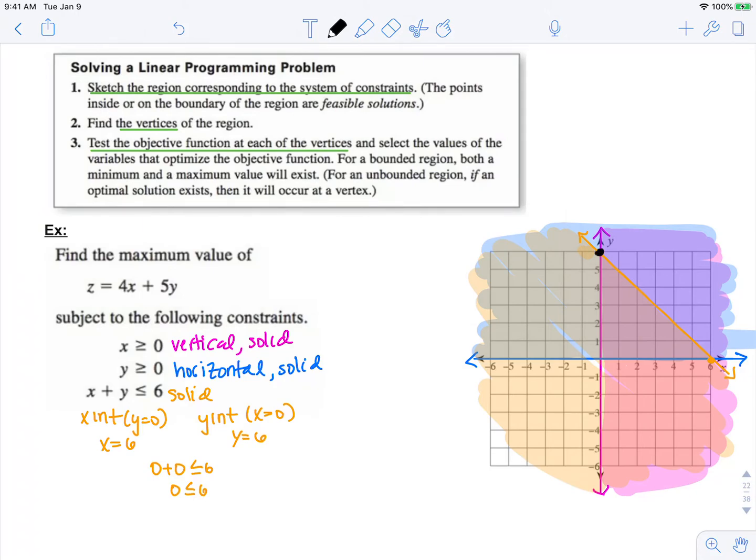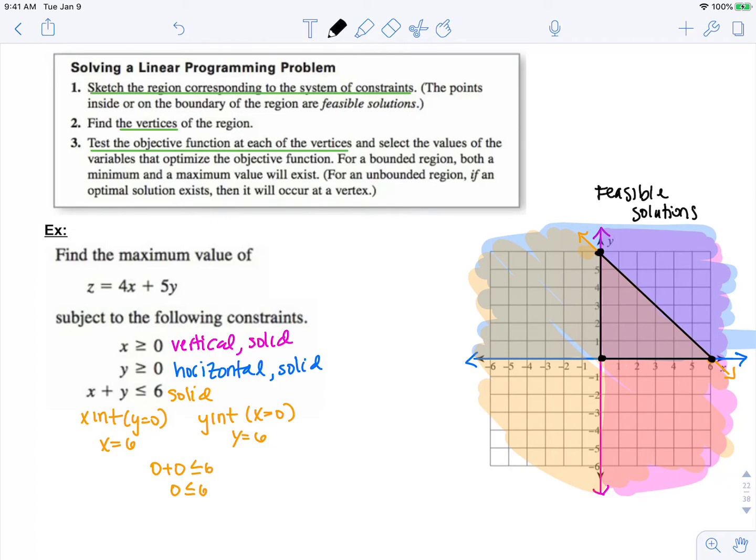That's everything in this region here, and it's bounded by 4 solid lines. So this is our feasible solutions.